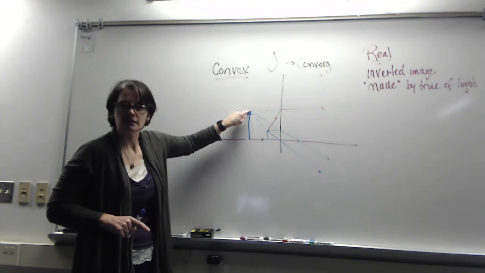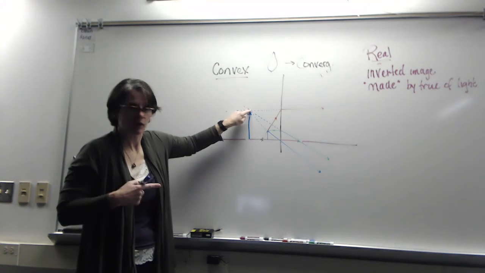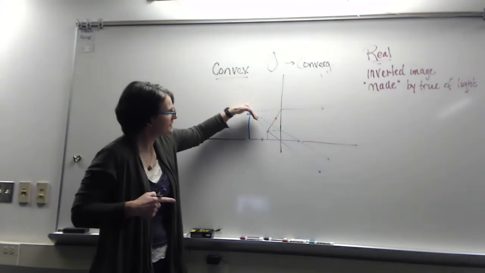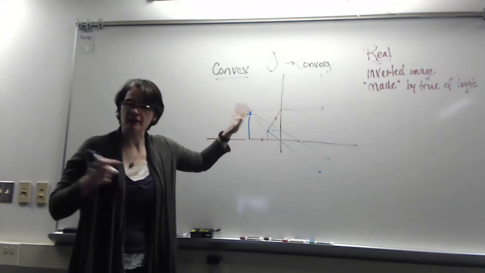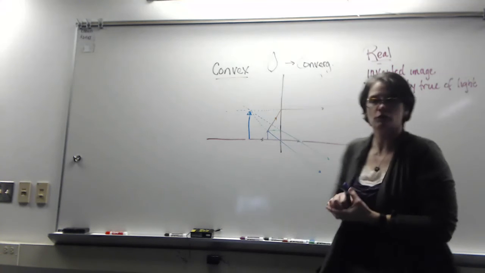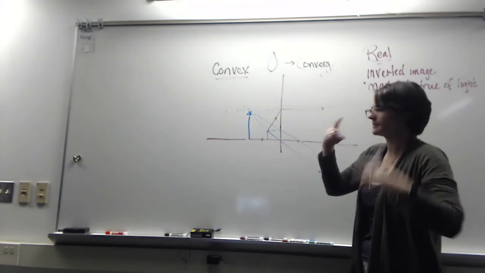All the rays of light representing the top of this arrow, this big one, are the same. Now ignore the lens, ignore everything. There's no refraction happening except in my visual system.